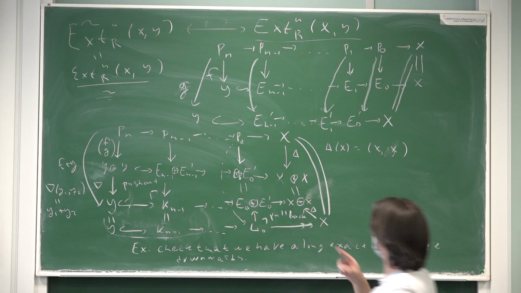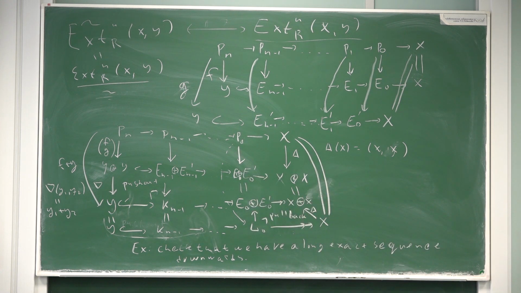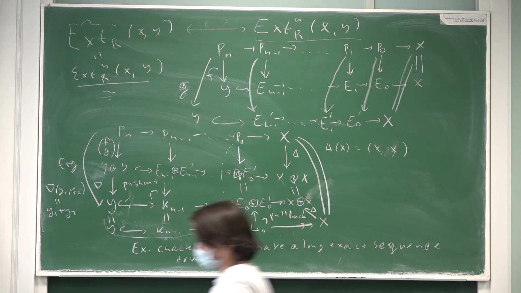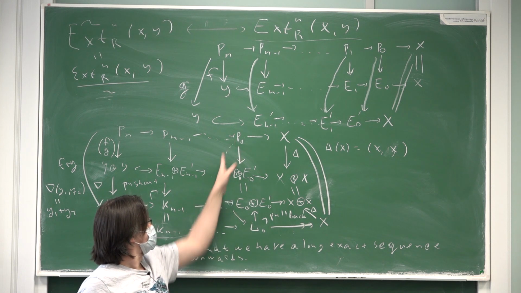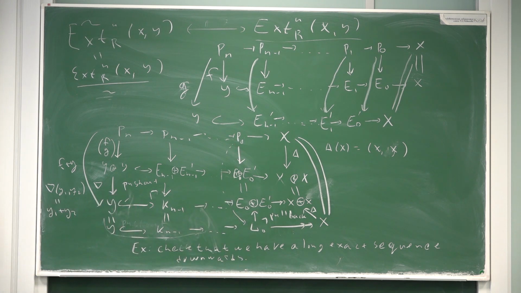This one, yes, and one can check that using universal properties of pullback that this defines a commutative diagram.